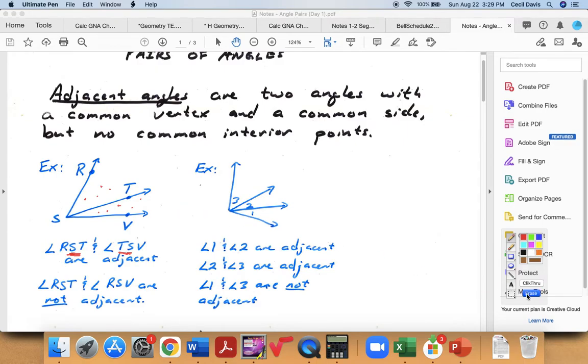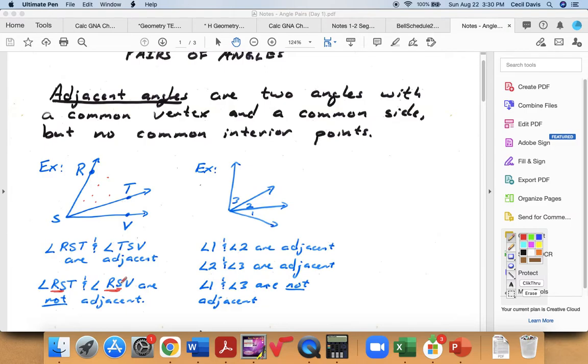And that's why this next pair of angles are not adjacent. Angle RST and angle RSV. Notice they both have the same vertex, S. They both have side SR in them. They share that side, but let's look. Angle RST, that's this angle. So I put a point inside the interior of that.